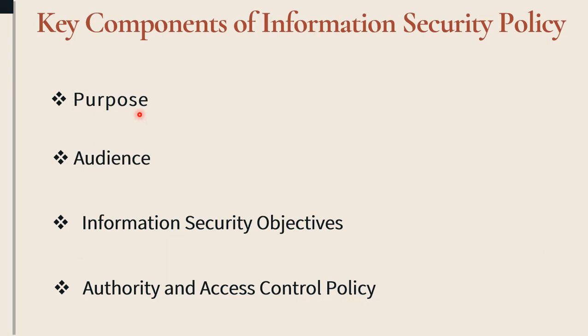In order to prevent this misuse, it needs to develop the information security policy. The very first purpose of developing this policy is to protect from the misuse of all these things: networks, data, and computers.